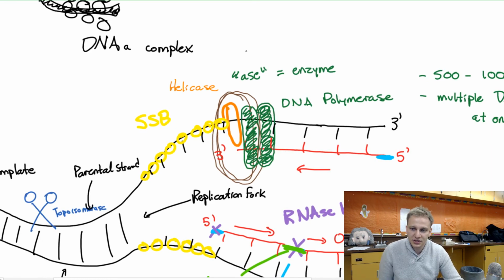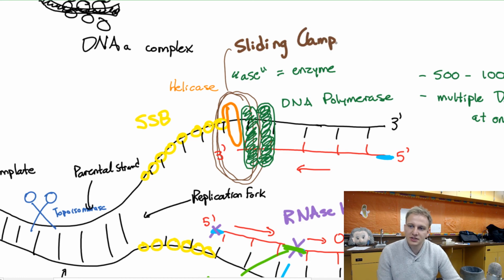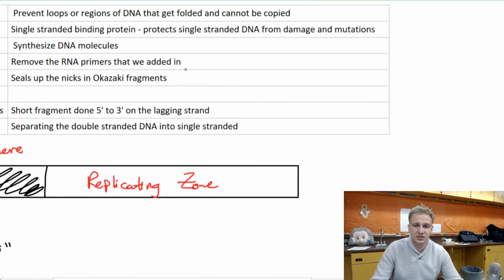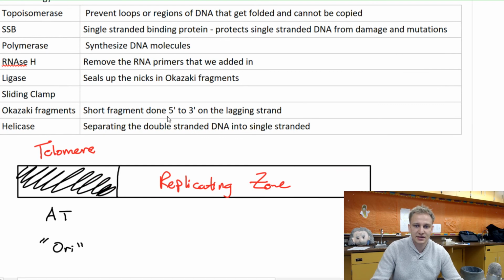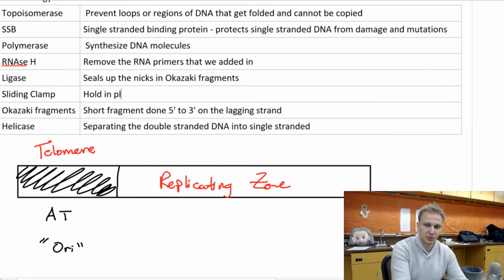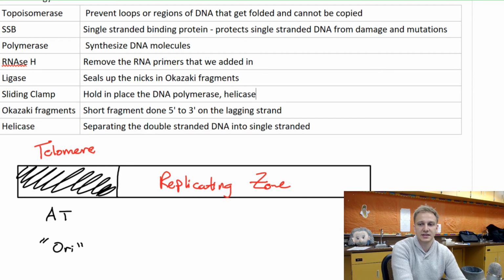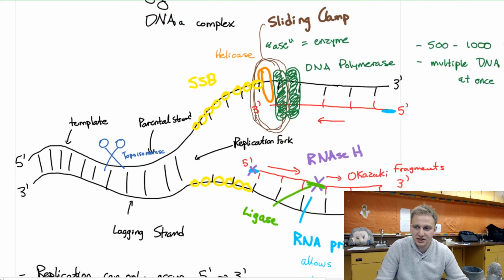But in particular for us here, this sliding clamp bonds onto the DNA, and what it's going to do is hold in place the DNA polymerase and the helicase, as well as a bunch of other structures that we don't get into too much in this course.